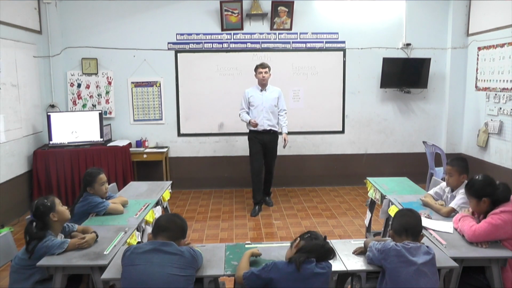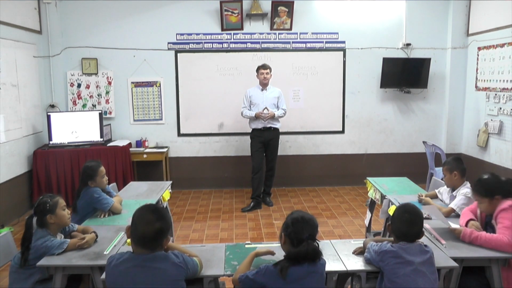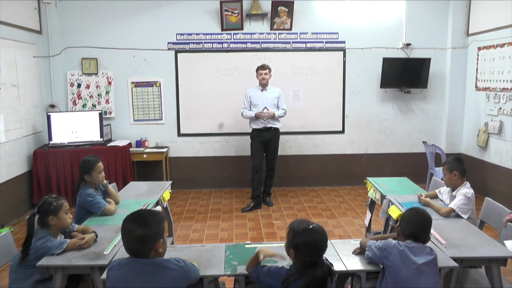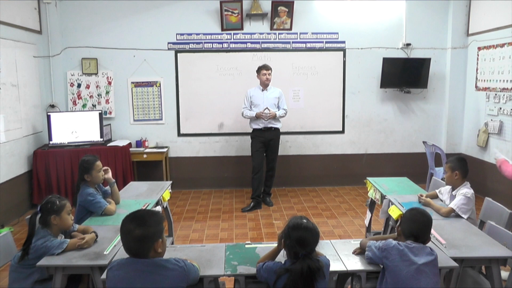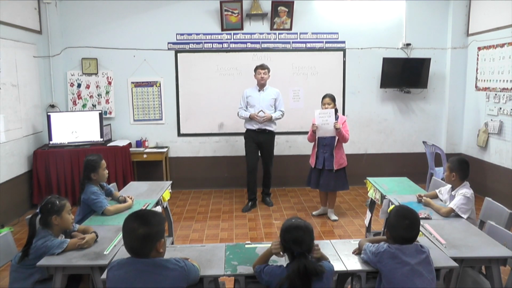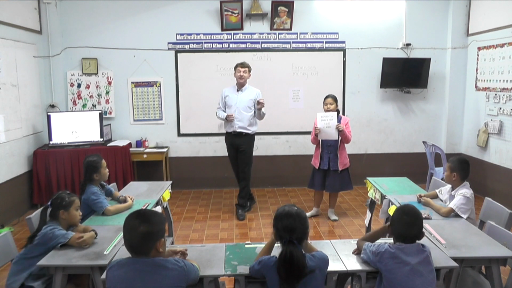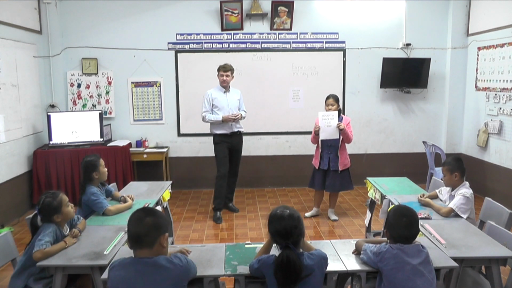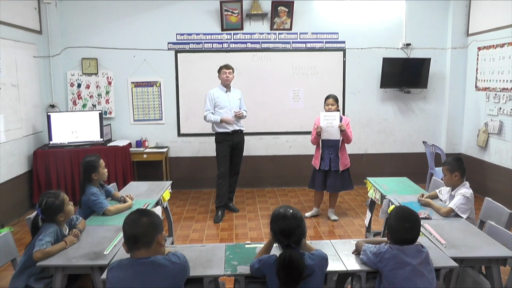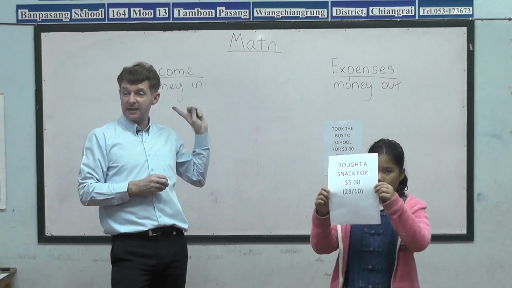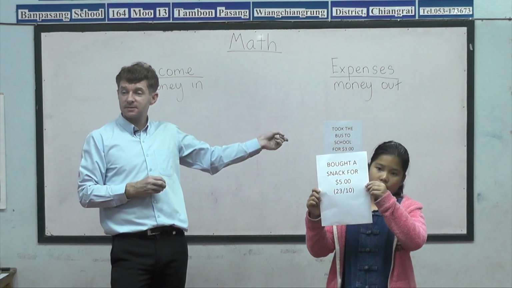Okay guys, we can open our eyes. Lakgal, come and join me at the front. Can you show your friends your flashcards? Bought a snack for $5. So we had to pay $5 for a snack. Is that an income or an expense?